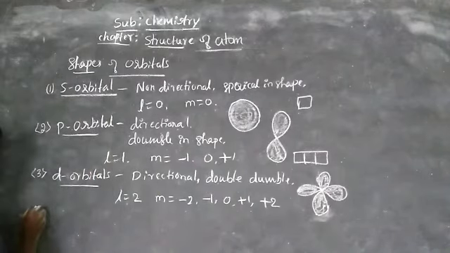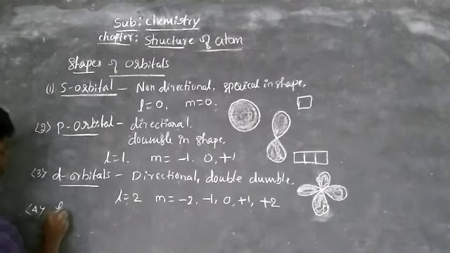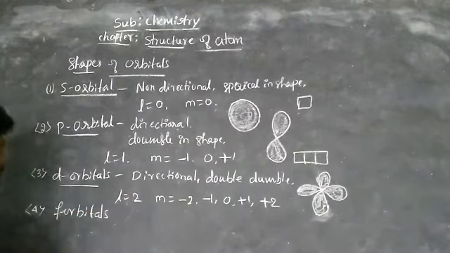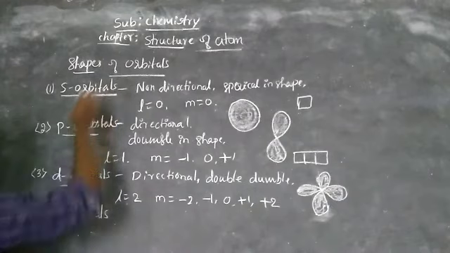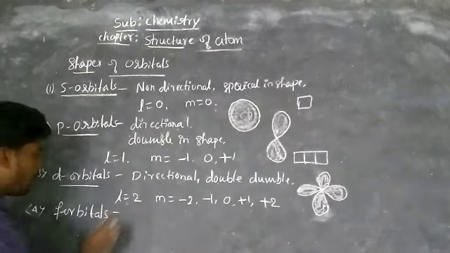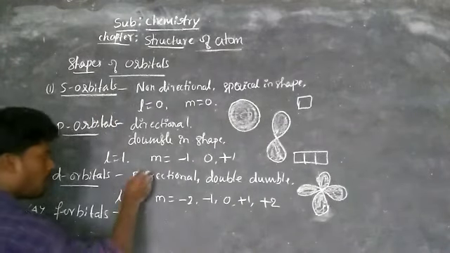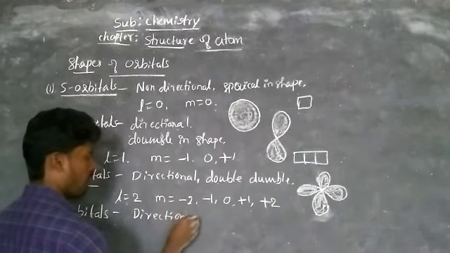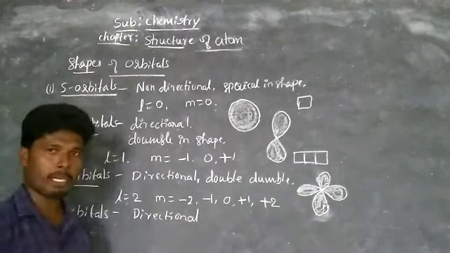Then the fourth one, the f orbital. This f orbital is also directional. So observe what is meant by directional.